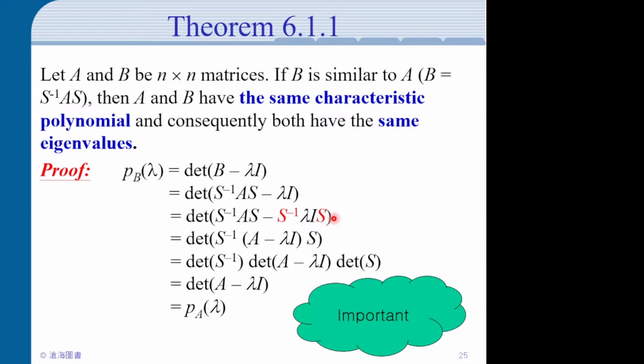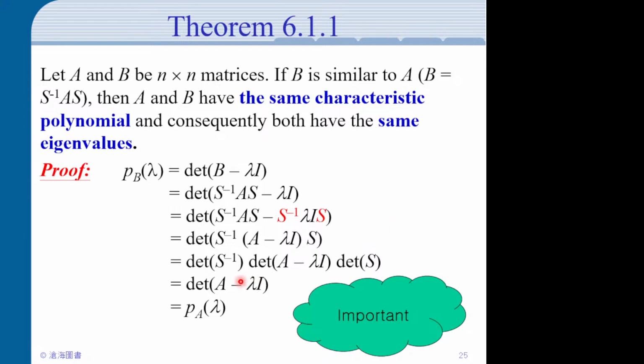You can do this because identity is equal to S inverse times identity times S, because S inverse times S equals identity. So you get free S inverse and S around your identity. Then you can use linearity because it's S inverse times something times S, and so it's S inverse times A minus lambda I times S.